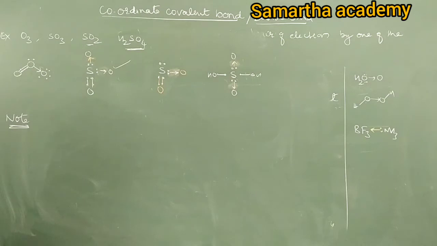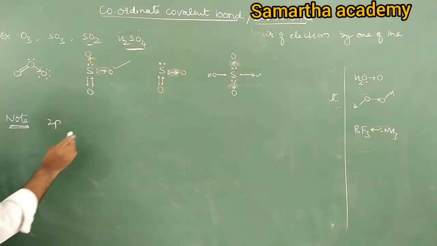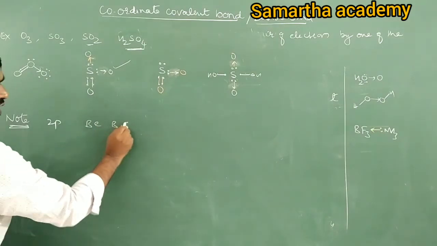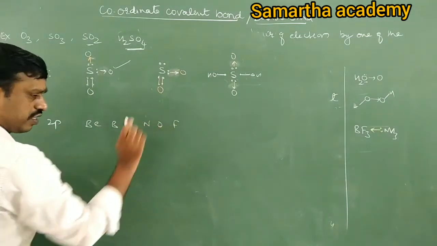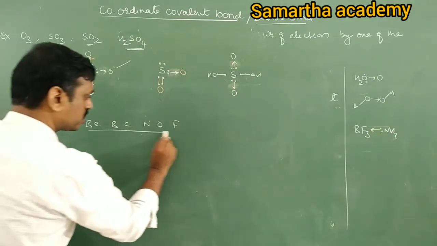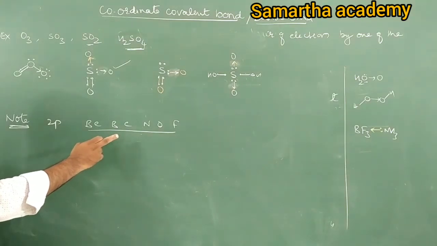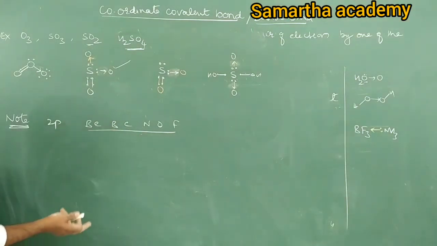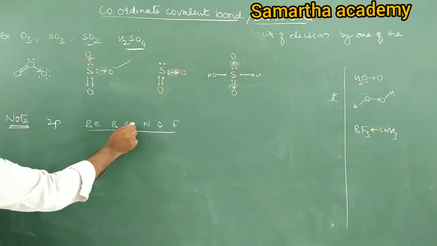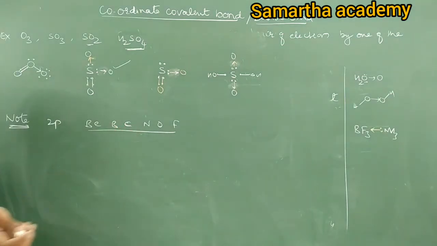Write a note. The note is, see, second period elements, let us take beryllium, boron, carbon, nitrogen, oxygen, fluorine, etc. All second period elements do not expand their octet because they don't have vacant d orbitals. So in this case, more than 8 electrons in the outermost shell is not possible.